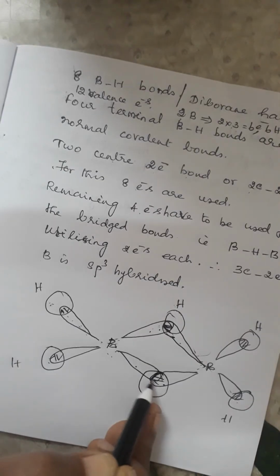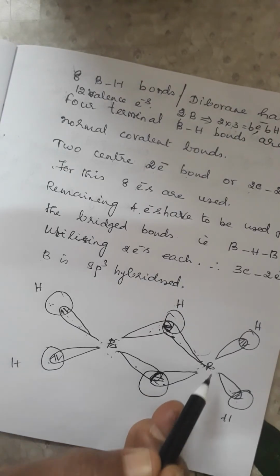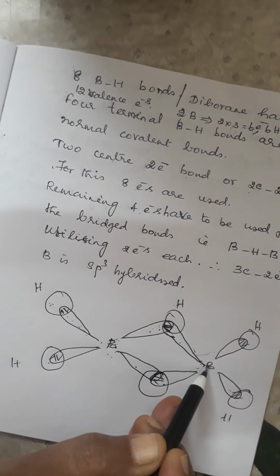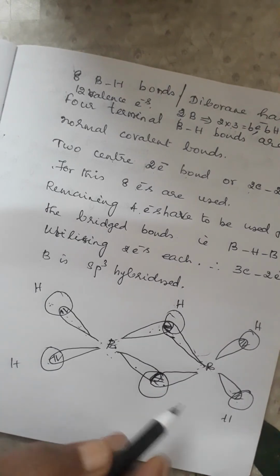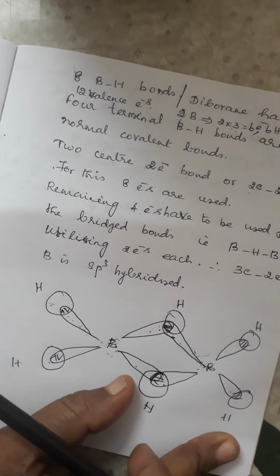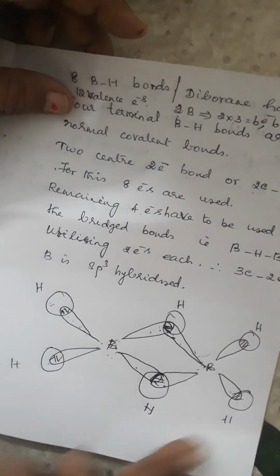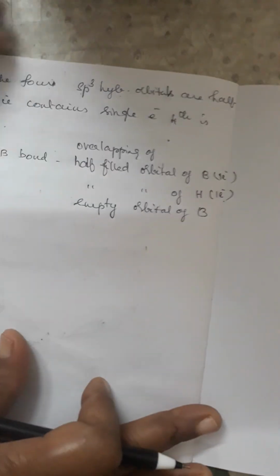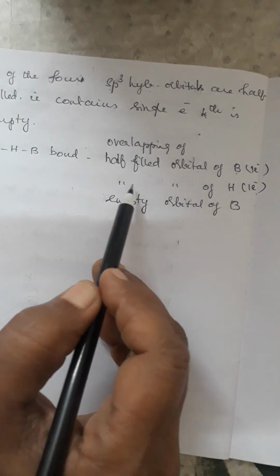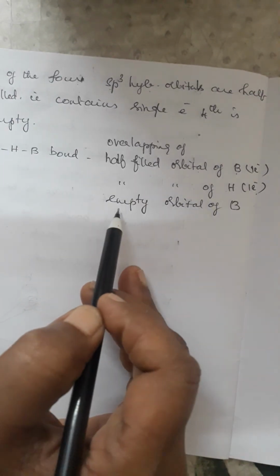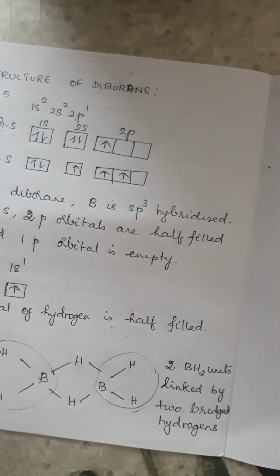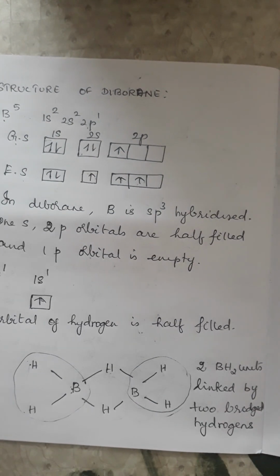Therefore, these two BHB bonds are formed, by overlapping of the half-filled orbital of boron, the half-filled orbital of hydrogen, and one empty orbital of boron. Like this, the structure of diborane can be explained.